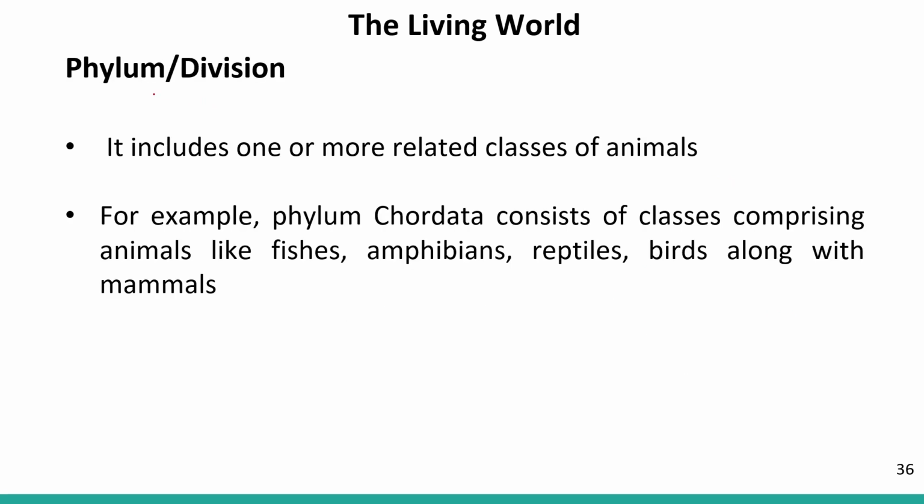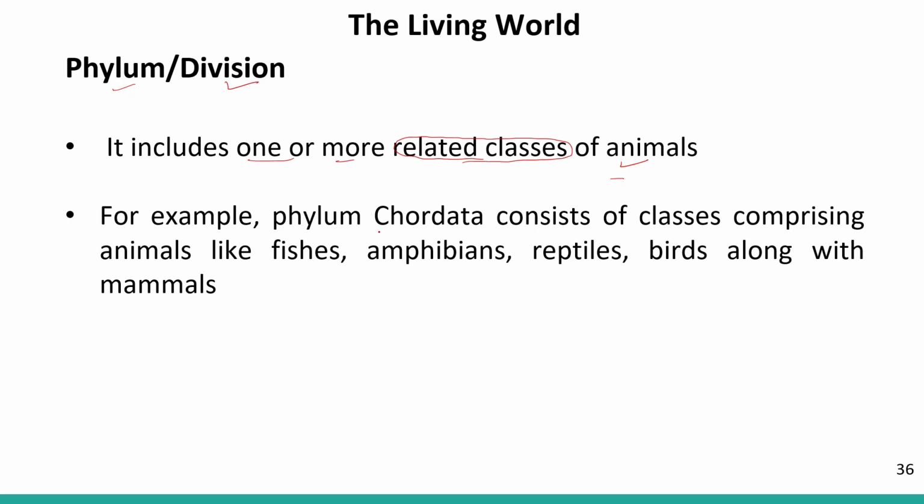The next higher category is phylum. In case of animals we call it phylum. In case of plants we call it division. Now what does phylum include? It includes one or more related classes. Okay, if we talk about phylum, then we have to say related classes of animals. If we talk about division, then we can say related classes of plants.